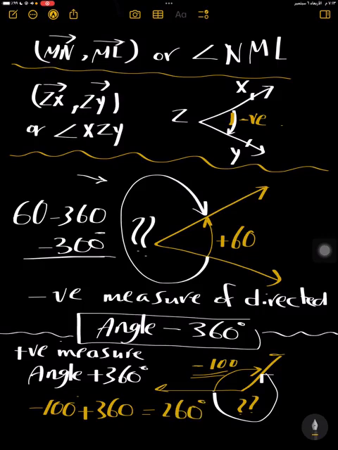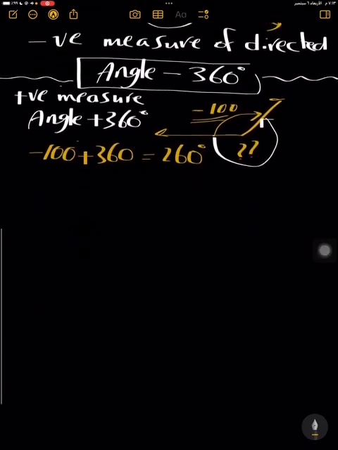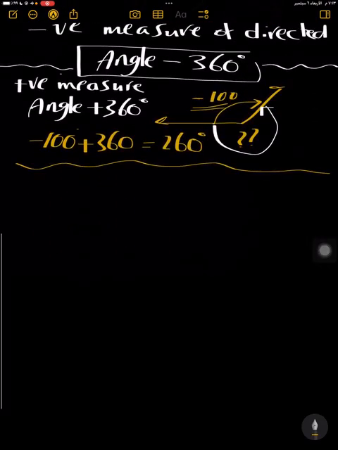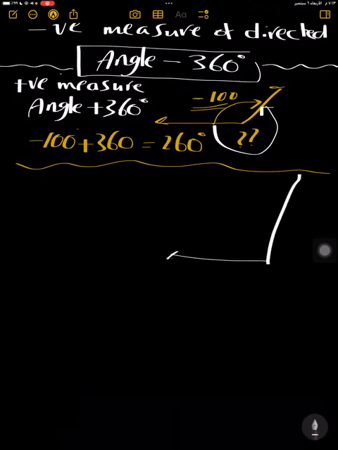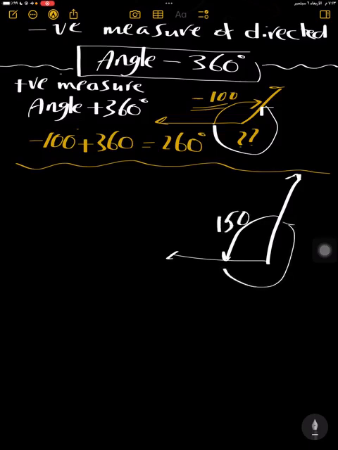So again, to find the negative measure, we make the angle minus 360. To find the positive measure, we make the angle plus 360. For example, we have an angle whose measure is positive 150.